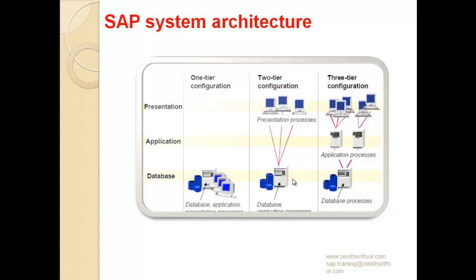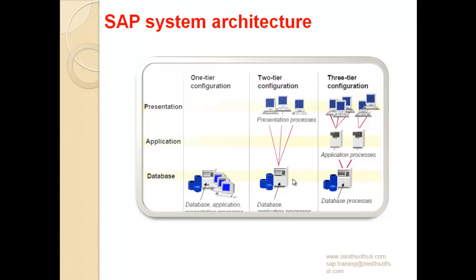In a three-tier configuration, separate servers are used for each tier. Using data from the database server, several different application servers can operate at the same time to ensure the load on individual servers is as even as possible and to achieve optimal performance.